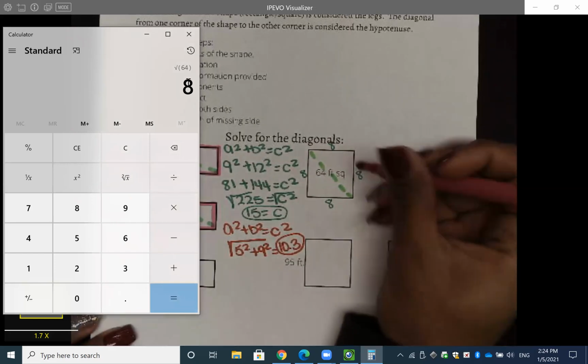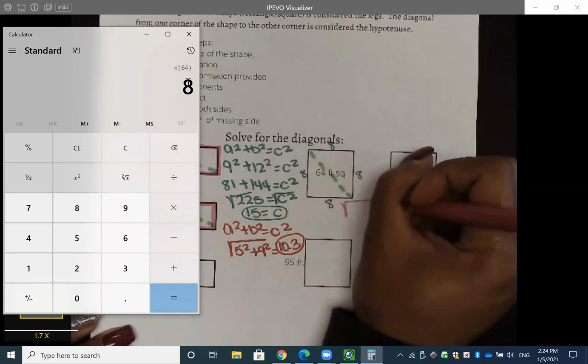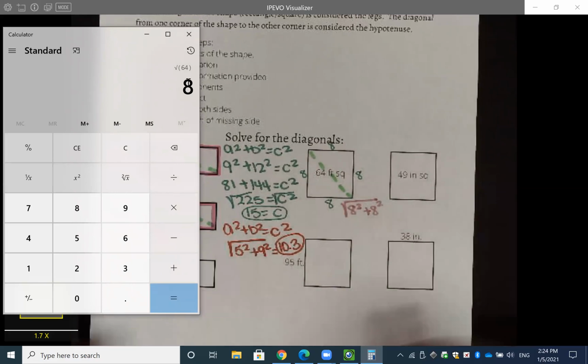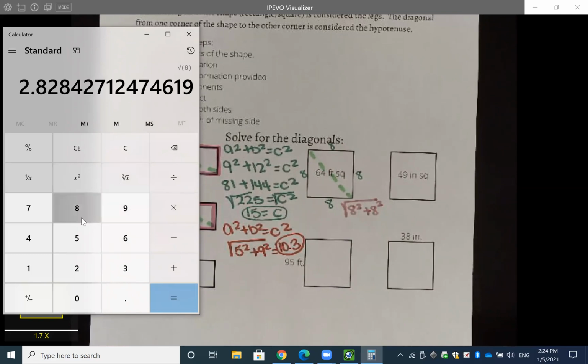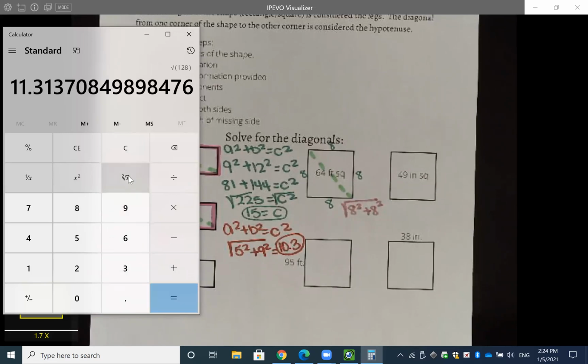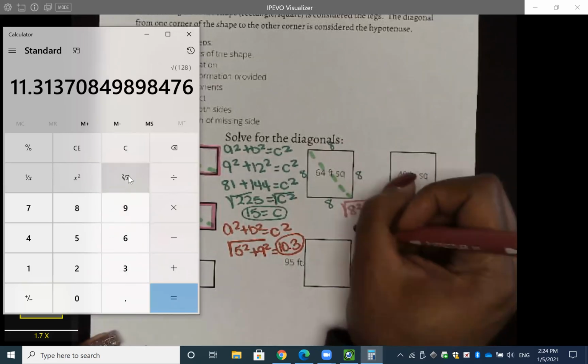So I am going to do the square root of 8 squared plus 8 squared and see what I get. 64 plus 64 is 128, and then take the square root of that, and I got 11.3.